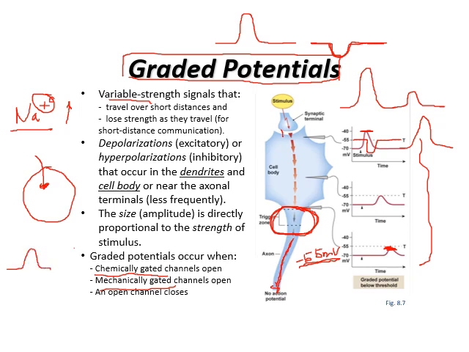So this chemically gated channel lets sodium in. If it was the opposite, if this chemically gated channel allowed potassium, potassium is high inside and low outside, so potassium would rush out. So we would have a hyperpolarization, so an inhibitory signal. So that's what's taking place here to cause these graded potentials.